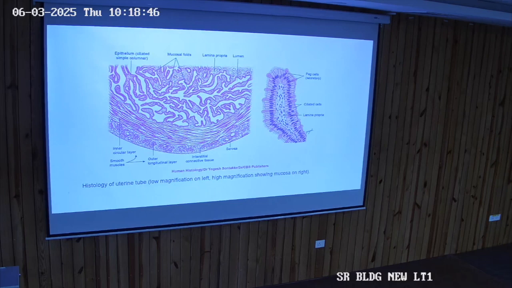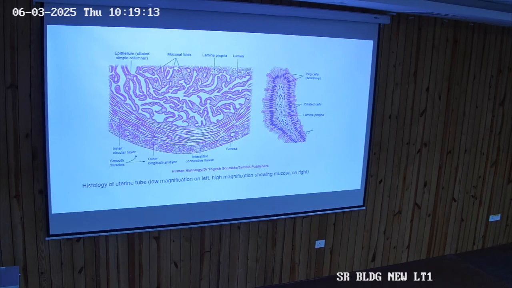So submucosa is absent along with the muscularis mucosa. So there is only the folding of epithelium with the presence of the lamina propria. Submucosa is not there, muscularis mucosa is not there, just the muscle fibers are present. The two layers of muscle fibers, circular and longitudinal, and the outer one is covered with the serosa.